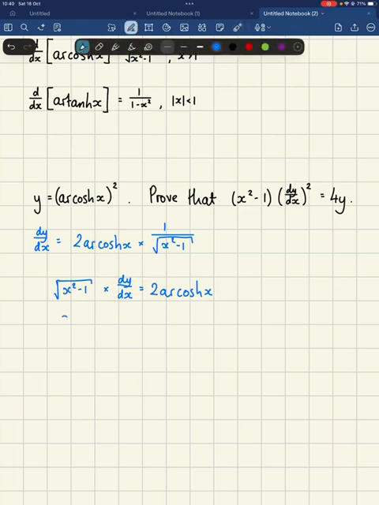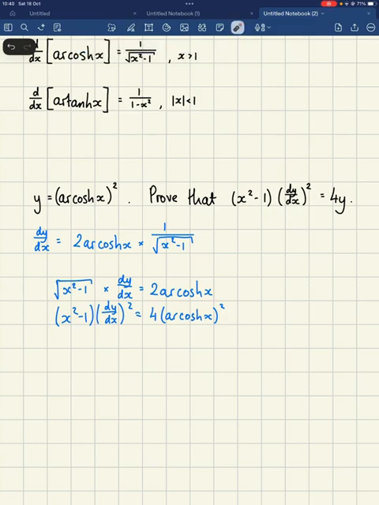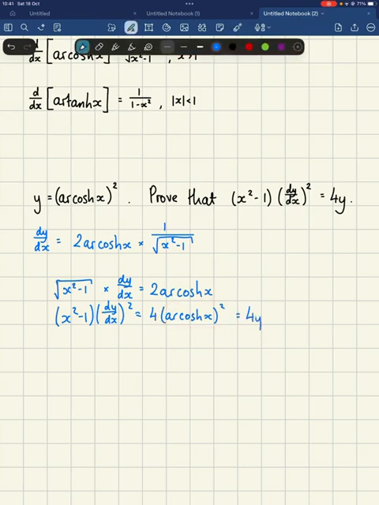So we get x squared minus 1 multiplied by dy by dx squared, in one bracket, is equal to 2 arcosh x squared, which is 4 arcosh x all squared. Well, y was arcosh x all squared, so we can just substitute that for y. So we'll get 4y.